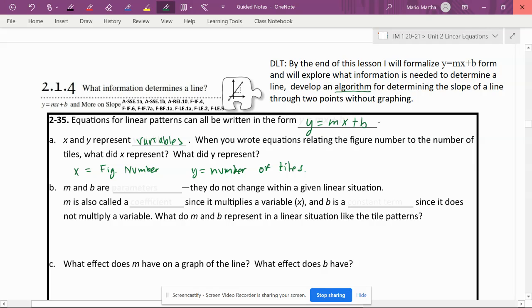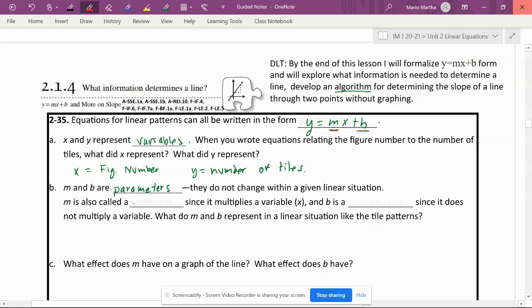And then if we're still looking at the equation again, y equals mx plus b, right? So we already covered x and y. So m and b are what we call parameters. And these do not change within a given linear equation. So these values are always going to stay the same, right? So m and b always stay the same.